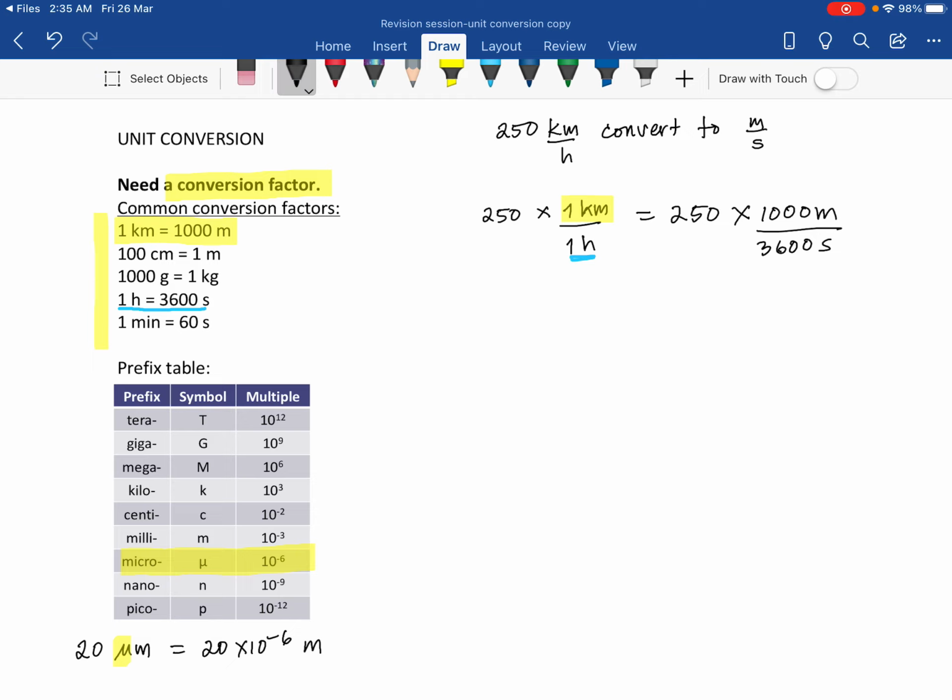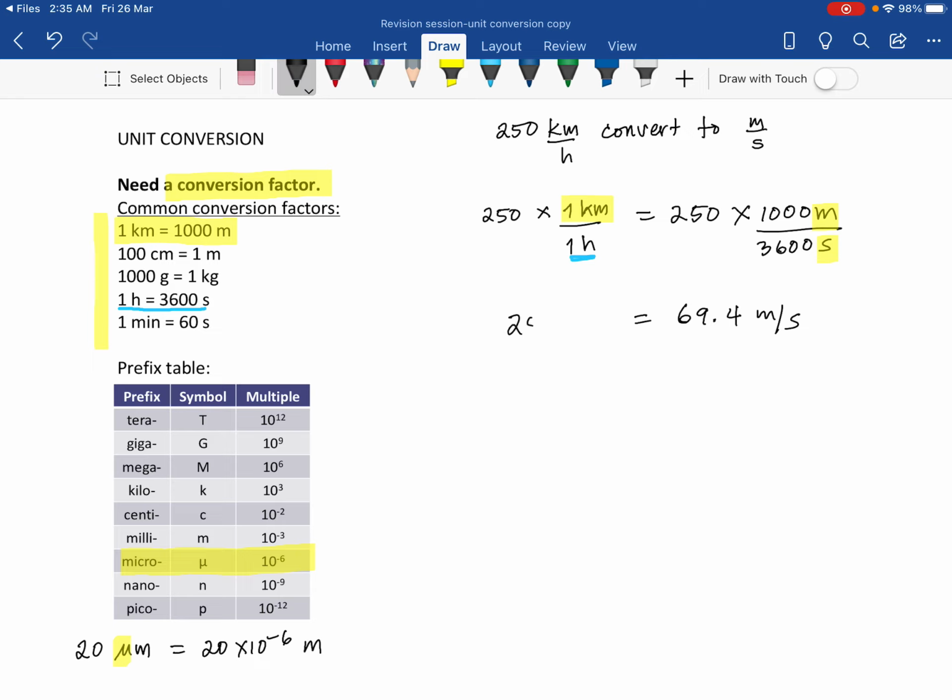Right? So we can see our units are now in meters and seconds, which are the units that we need. So we go ahead and do the calculation, 250 times 1,000 divided by 3,600. And that will give us 69.4 meters per second.